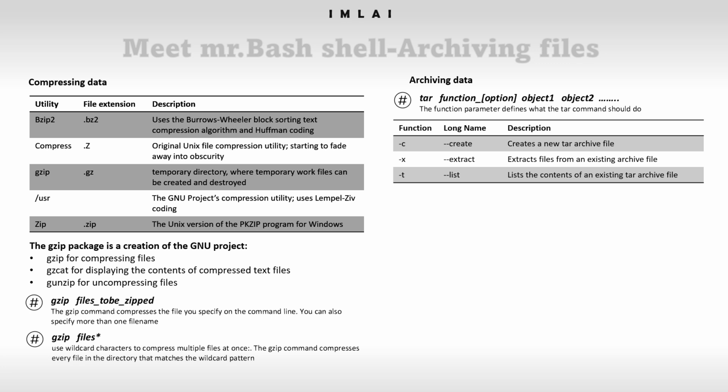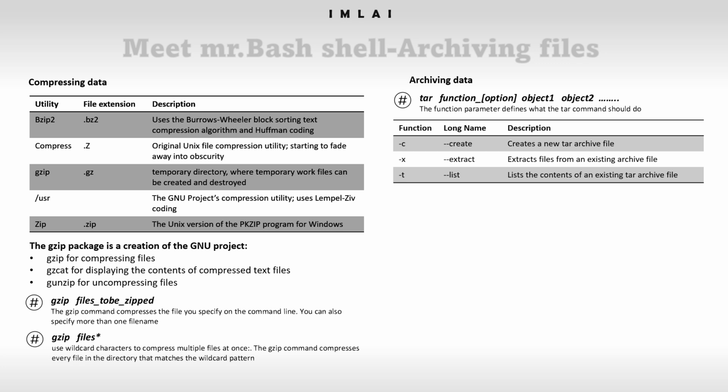So basically this table lists the common options that you can use with the tar command. These options are usually combined to create the following scenarios, and I will demonstrate that also. First, you want to create an archive file using this command.